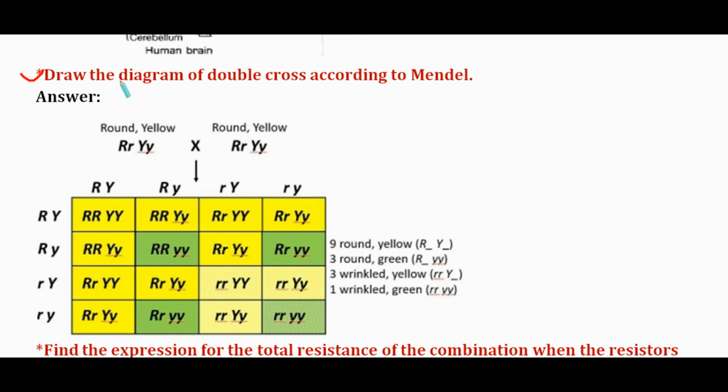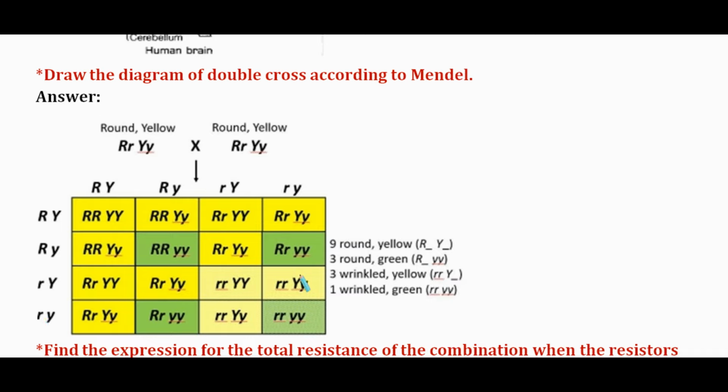Now the next question, draw the diagram of dihybrid cross according to Mendel. These are round and yellow pea seeds. This is round and yellow, and we have to go to the second generation. First of all, we take gametes with one characteristic that is R and another characteristic that is Y. Again R with small y, again small r with capital Y, and small r with small y. The same types of gametes are taken here.